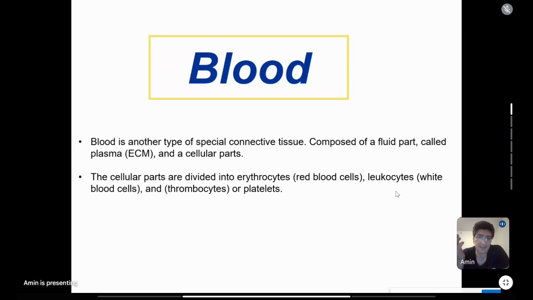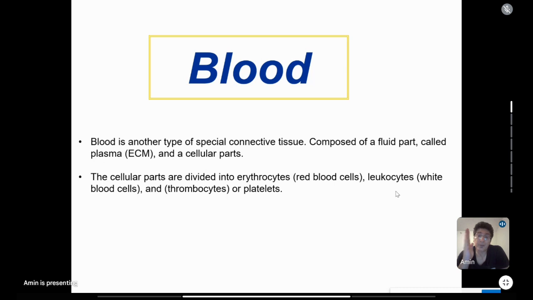As I taught you in the last session about general connective tissue, cartilage tissue, and bone tissue, in all of them the extracellular matrix consists of different parts: fiber, ground substance, glycoprotein, proteoglycan, and tissue fluid. But in blood tissue, the extracellular matrix is a fluid called plasma.